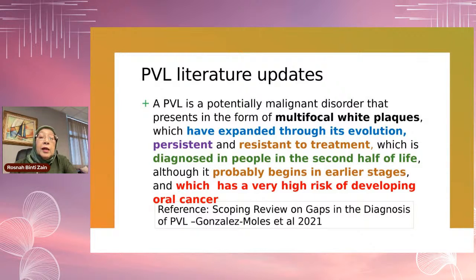So, just looking into the updated literature, I find this paper by Gonzalez Moore et al. in 2021 very interesting, and it really describes a lot of issues. There are a lot of questions, and they work on how to answer them. What they did is a systematic review search and then put up the criteria, and out of the search they selected 24 publications.